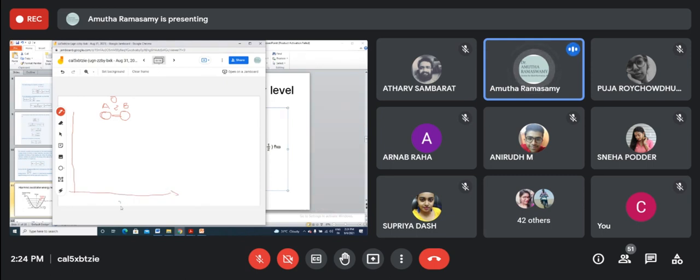This is the distance r. This is the molecule. I keep this atom A, and I want to bring the atom B to interact with A and form a bond.